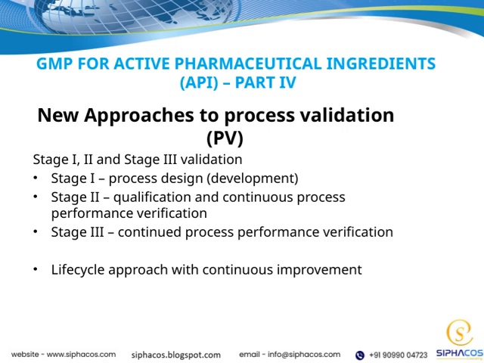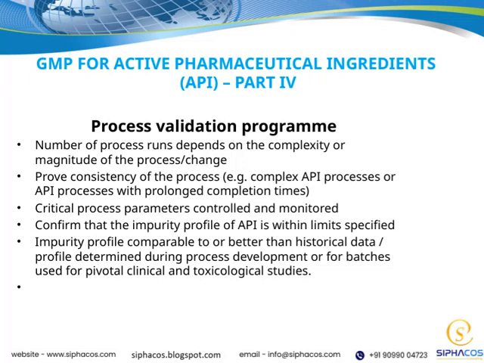By adopting this life cycle model, we're better equipped to maintain high standards, adapt to changes, and ensure consistent quality throughout the product's life. It's a more integrated, proactive way of managing process validation that ultimately benefits both manufacturers and patients.